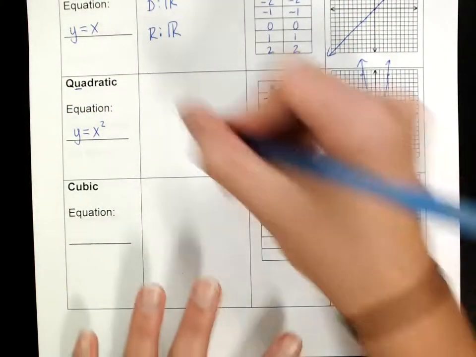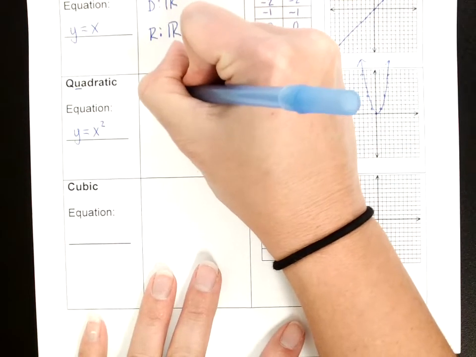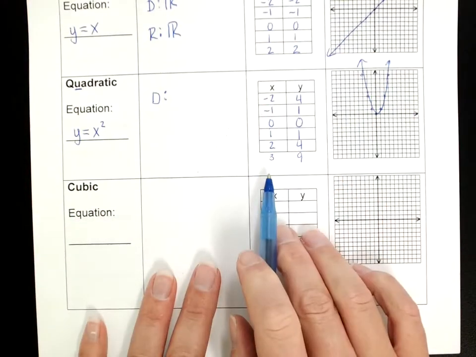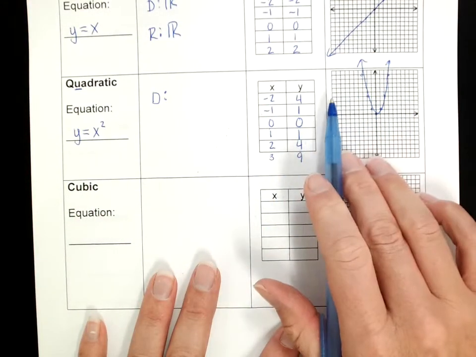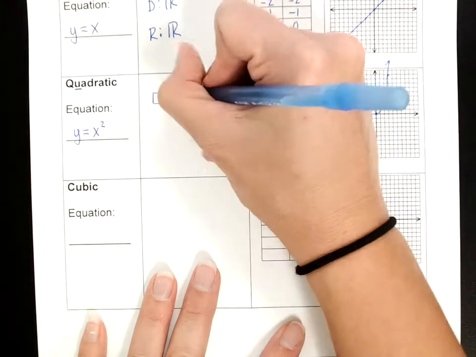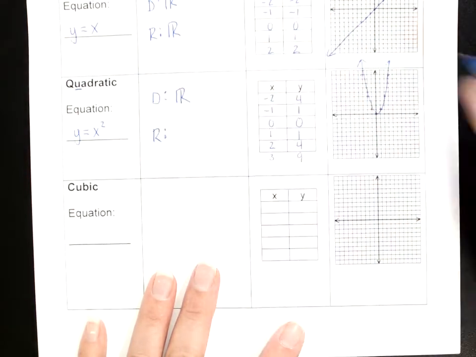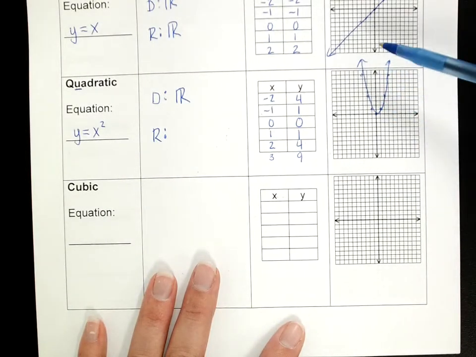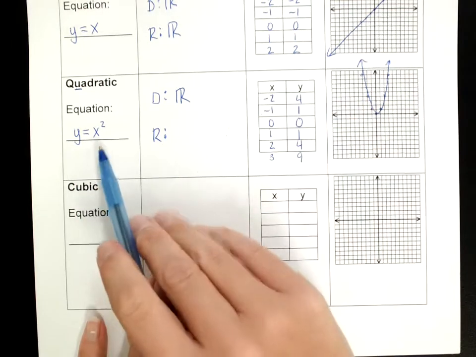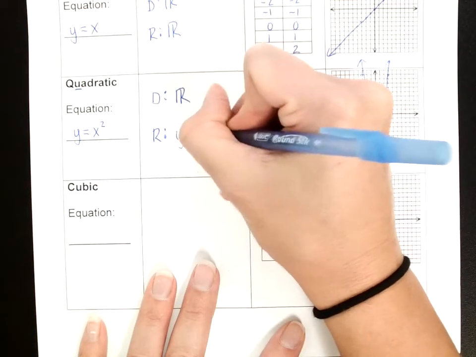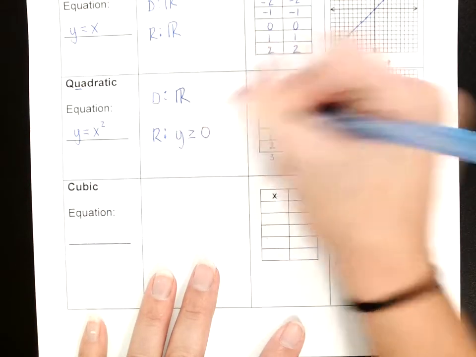Our domain for this one, again, I can plug any number in for x, and it's going to make this true. So our domain, all real numbers. Our range, though, if you notice, I only have positive y values, because the range here, if I square something, I'm going to get a positive number. So our range is y is greater than or equal to 0.